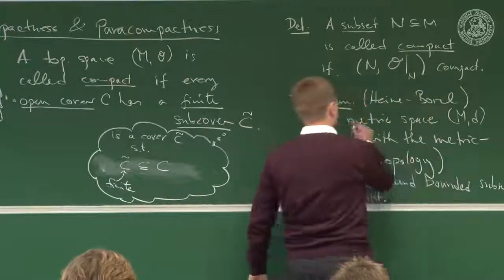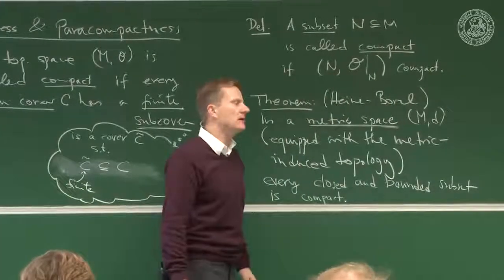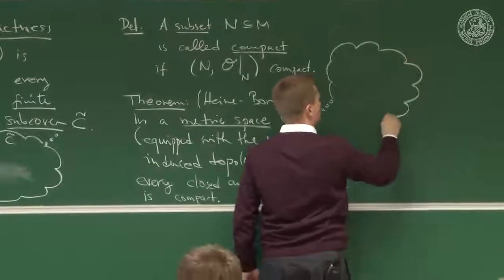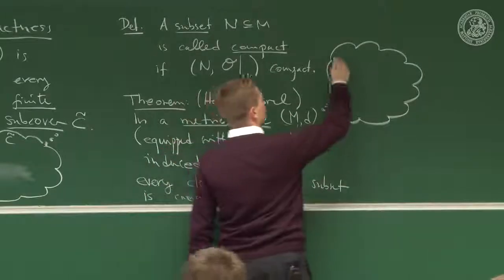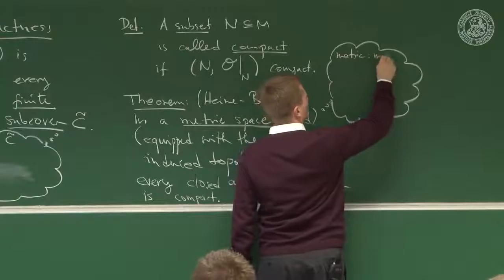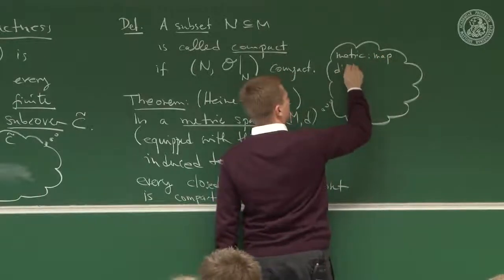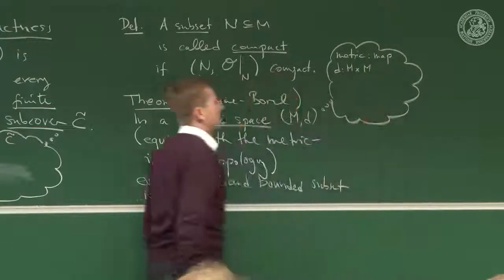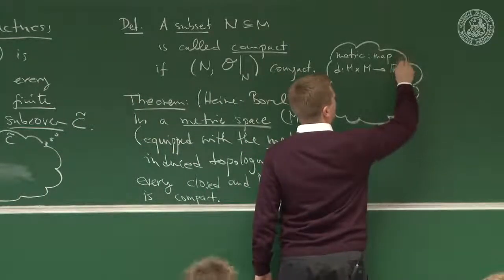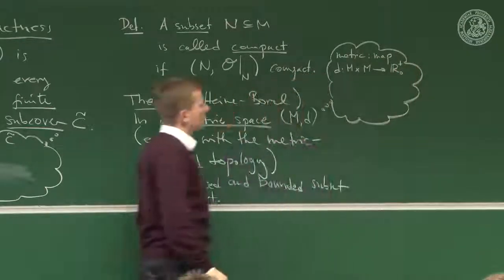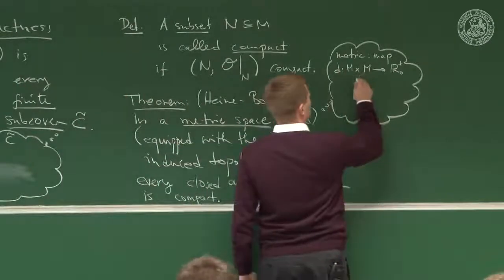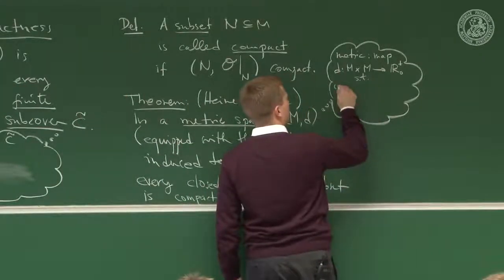So I should explain this a little. What precisely do we mean by a metric space? There are different notions of metric in mathematics, and by a metric in this context one means a map d that takes two elements of the space and maps them to a non-negative real number such that the following properties are satisfied.